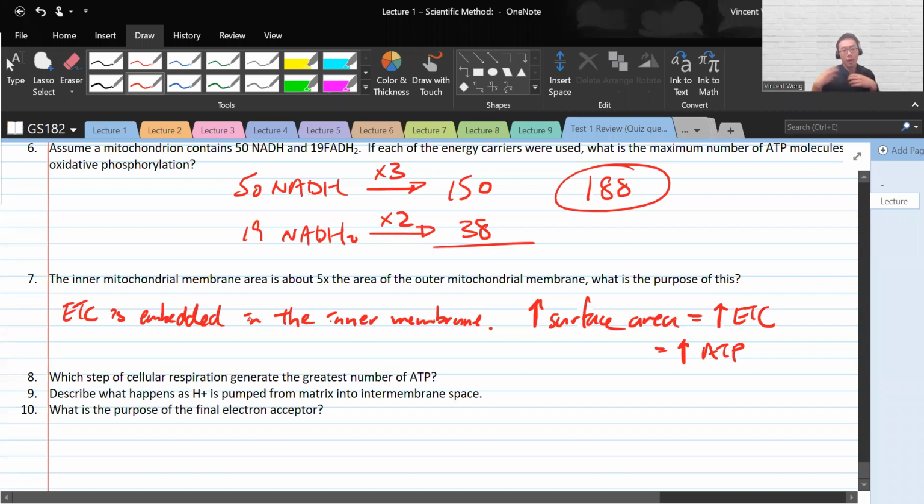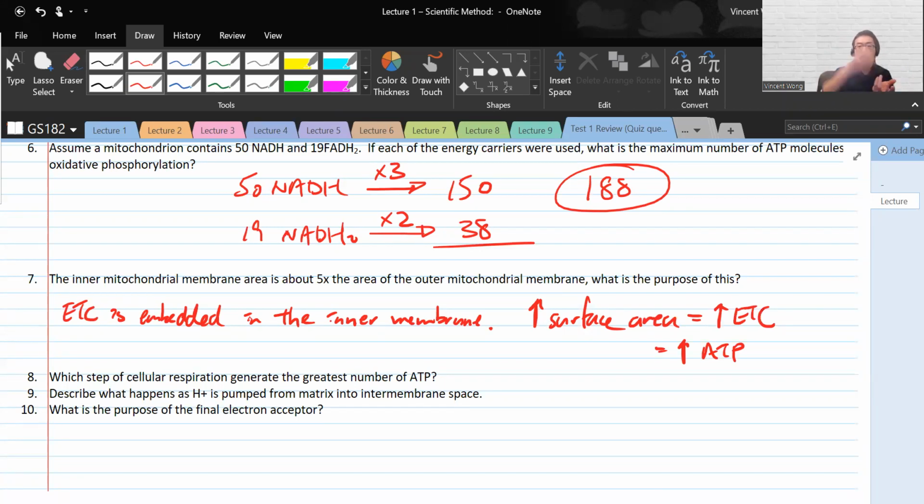Remember, the ETC is where we harness the electron's energy to generate the H plus gradient. When the H plus goes back into the matrix, that's how you produce the ATP. So if you can pack more ETC into the inner membrane, you will be able to create more ATP.